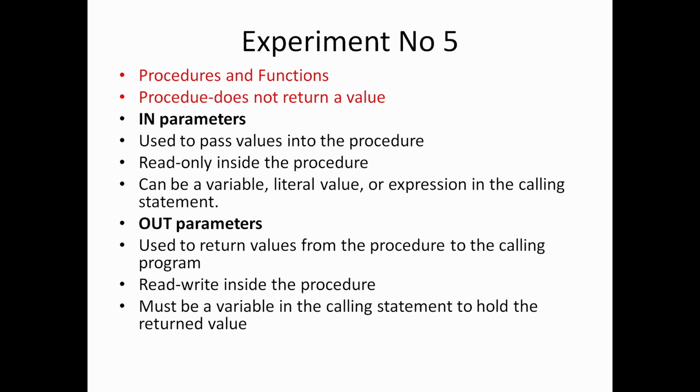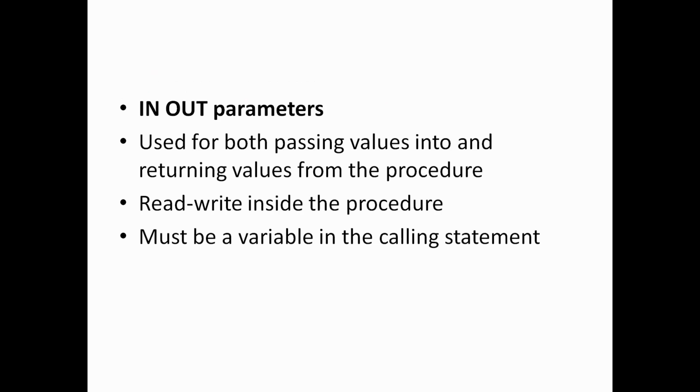Using OUT parameters, you can return values from the procedure. It is read-write inside the procedure. We will see an example. The IN OUT parameter combines both: it passes values in and also returns values.